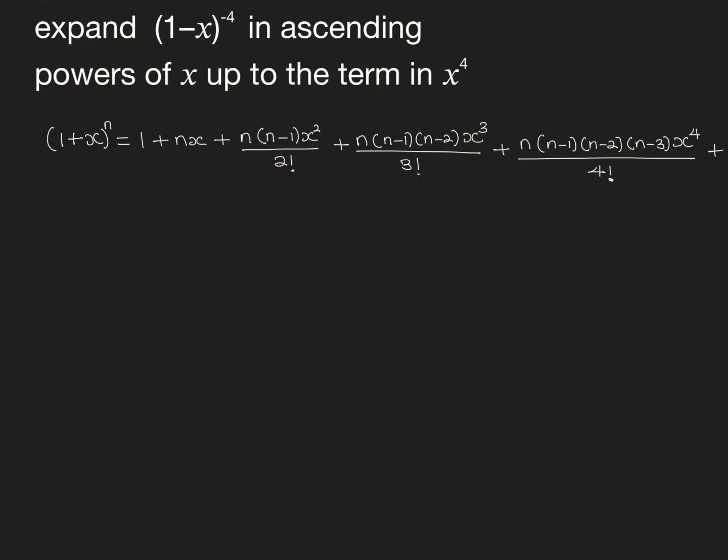Here we have power 2, we have 2 factorial, power 3, 3 factorial, power 4, 4 factorial. So this is the formula. It will take time for you to memorize it, but it's very simple. These are the first two. If you know them, then the others are simple to build, as you can see the pattern.